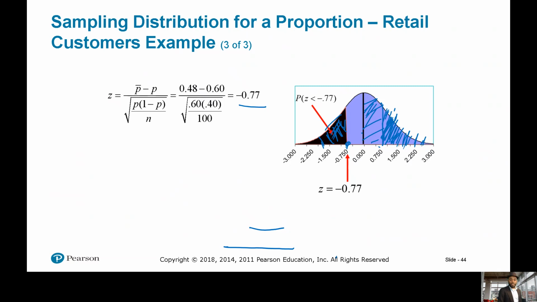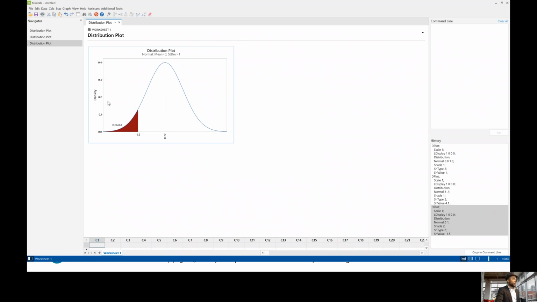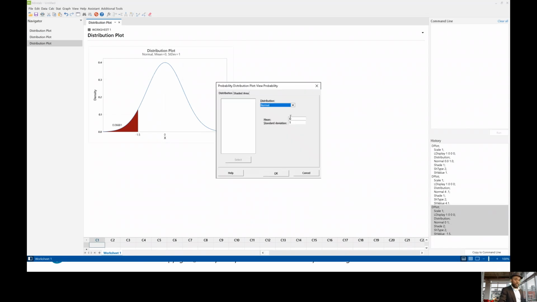Once again, we bring up Minitab and go back to the last operation. And again, since we're in the z distribution, the mean is 0, standard deviation is 1. Shaded area, this time around, we're back to the left.